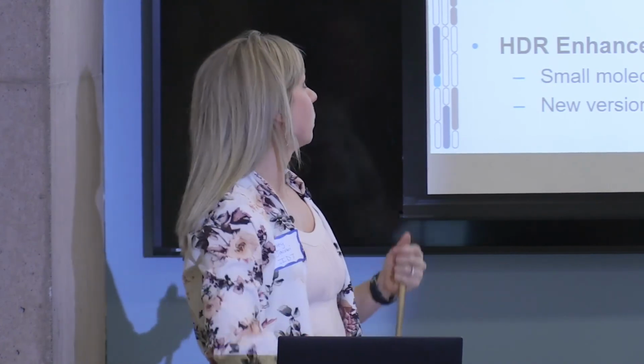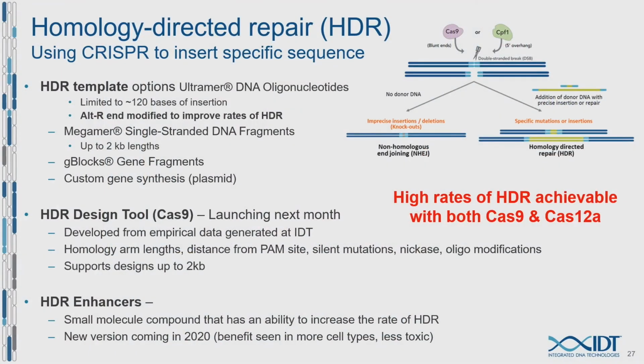But with this, we've done a lot of work also modifying that construct and being able to provide a molecule that is going to give you higher rates of HDR. So in about a month, we are releasing what's going to be referred to as our Alt-R modified HDR donor oligo. And I'll show some data on the next slide, but this is going to add additional modifications on the end of that Ultramer that will protect this as well, like we've done with the guide RNAs.